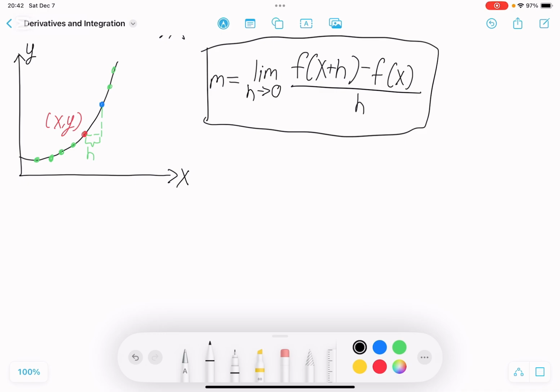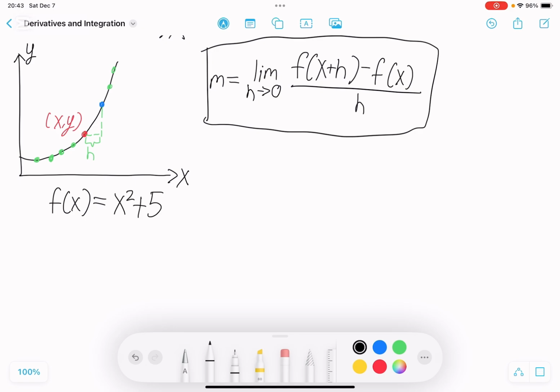Well, all we have to do is, we just need the equation of this curve right here. Let's say that is y equals, or you can say f of x. So the equation of this graph is f of x equals x squared plus 5.